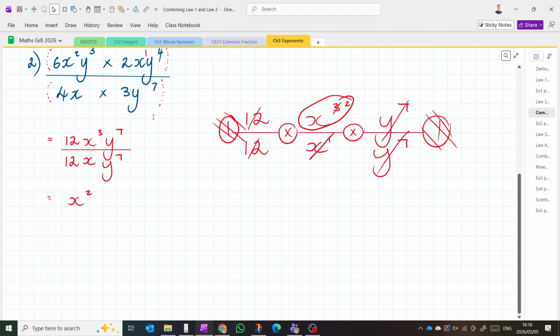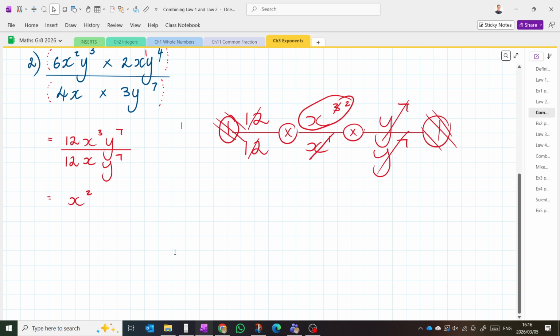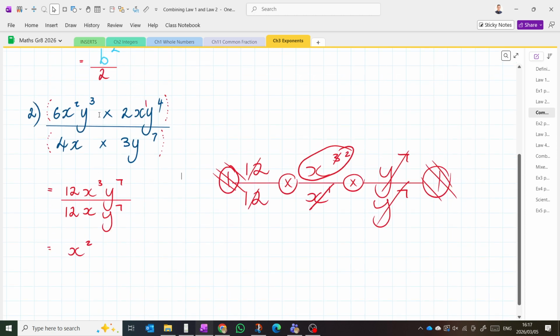And do not pick 0 or 1, because from our definitions, 0 and 1 are problematic. So pick anything from 2 upwards. I would stick between 2 and 10, and avoid decimals as well, because it's just going to make things messy. I'll show you here with the second one what I mean.